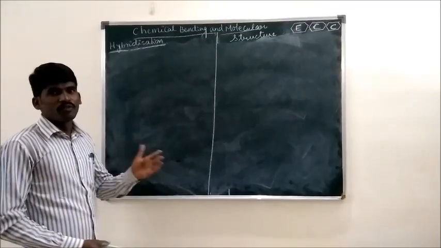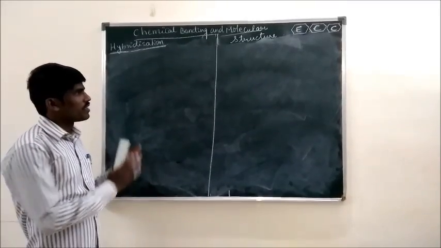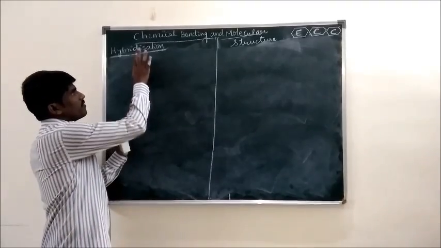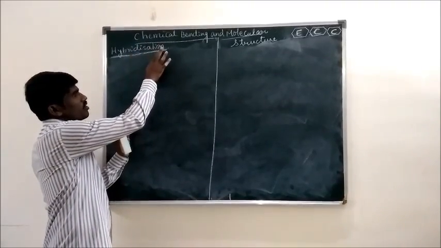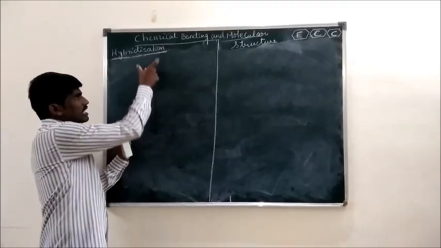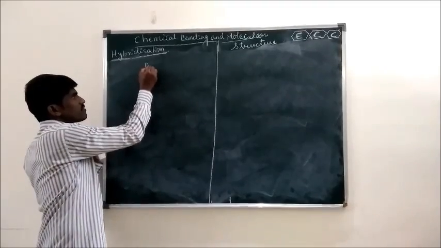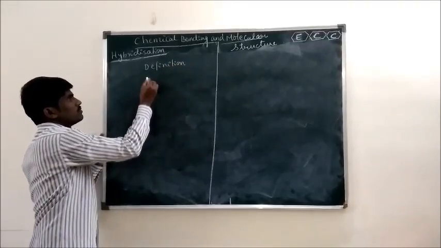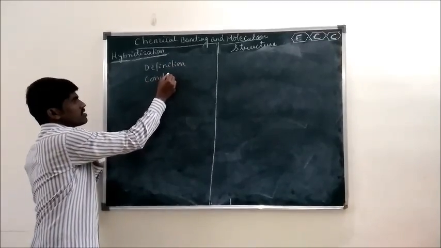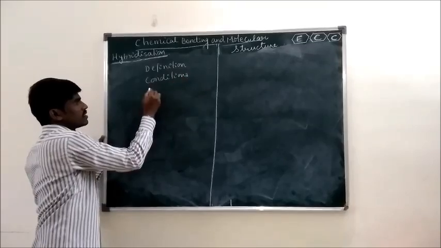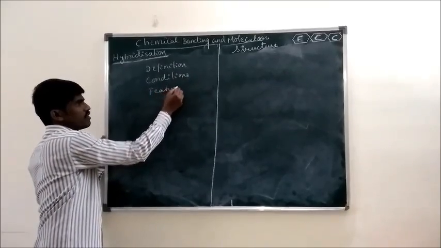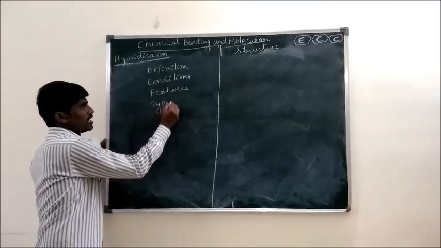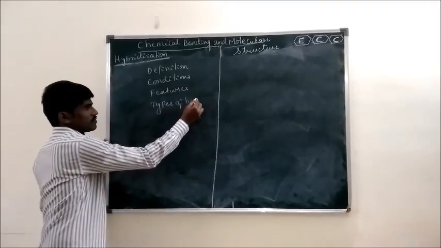Yes children, so far we have learnt about different types of hybridization. In this lecture, we started the hybridization topic and we have completed it. The definition of hybridization we discussed first, followed by conditions of hybridization and features of hybridization, and types of hybridization also.